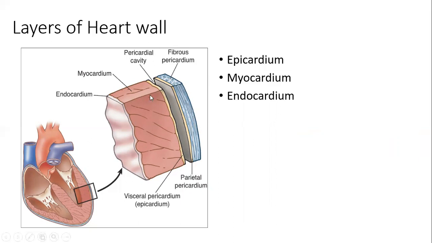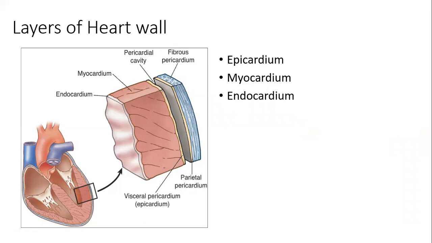Here in this diagram, you can see this layer shown in yellow, closely adhered to the outer surface of the heart. It is the visceral layer of the serous pericardium. Epicardium is the outermost layer of the heart.